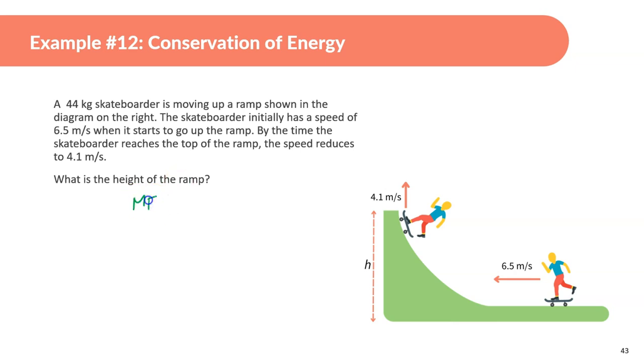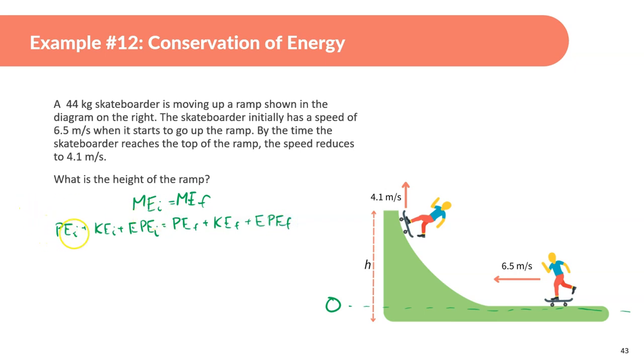Alright, again, we're writing it all out and seeing what we know. Okay, so we're making the 0 line at the lowest point the object is in the problem, so right here. So let's write it all out. Potential energy initial plus kinetic energy initial plus elastic potential energy initial is equal to potential energy final plus kinetic energy final plus elastic potential energy final.